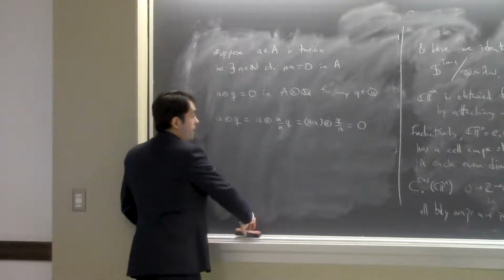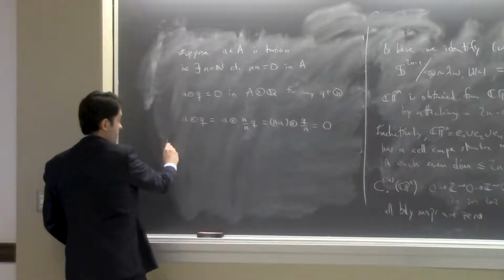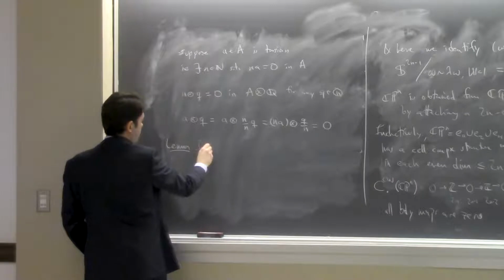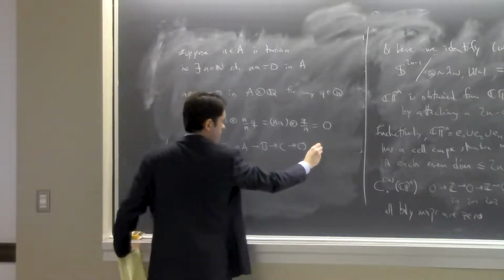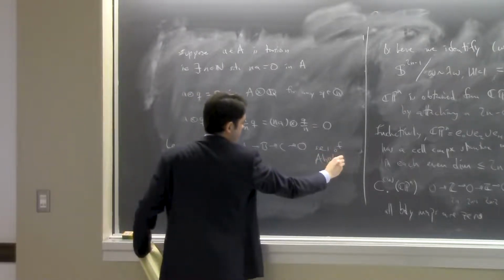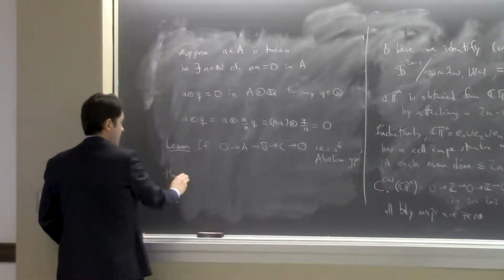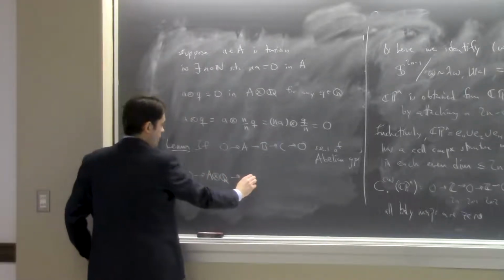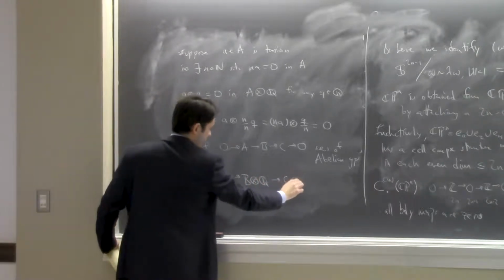Okay. So here is a nice fact. If you have a short exact sequence of abelian groups, then tensoring with Q does not mess that up.